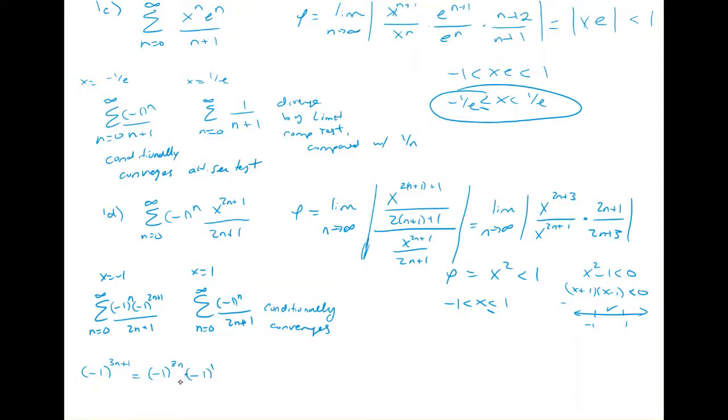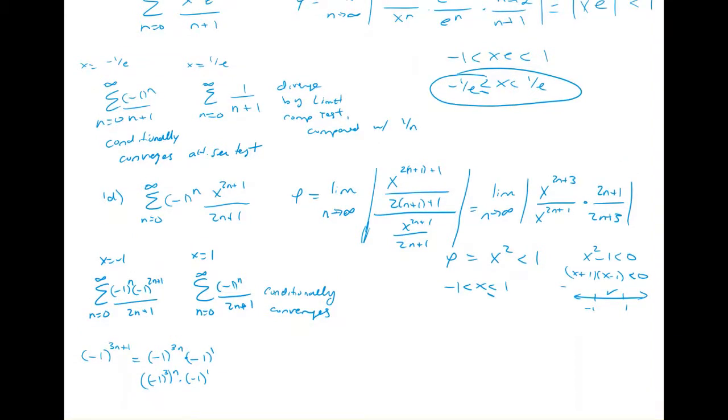At the end of the day, I'm just trying to figure out whether or not this is going to alternate, because if it alternates, we know it's going to conditionally converge. Negative 1 cubed is negative 1, which just equals negative 1 to the n plus 1. Which means every time I add 1, it's alternating signs. If I put 1 in there, it's even. If I put in 2 there, it's odd. It's alternating every time. So this too is going to conditionally converge.